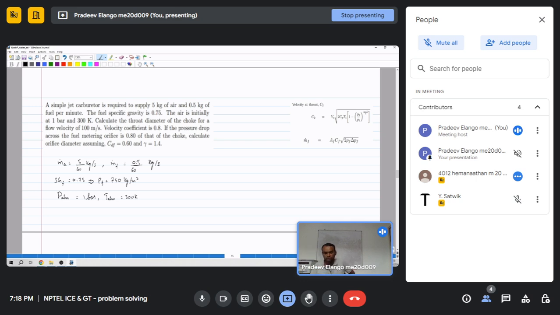Calculate the throat diameter of the choke for a flow velocity of 100 meter per second. So the flow velocity at the choke, or at state 2, is 100 meter per second. Velocity coefficient is 0.8.